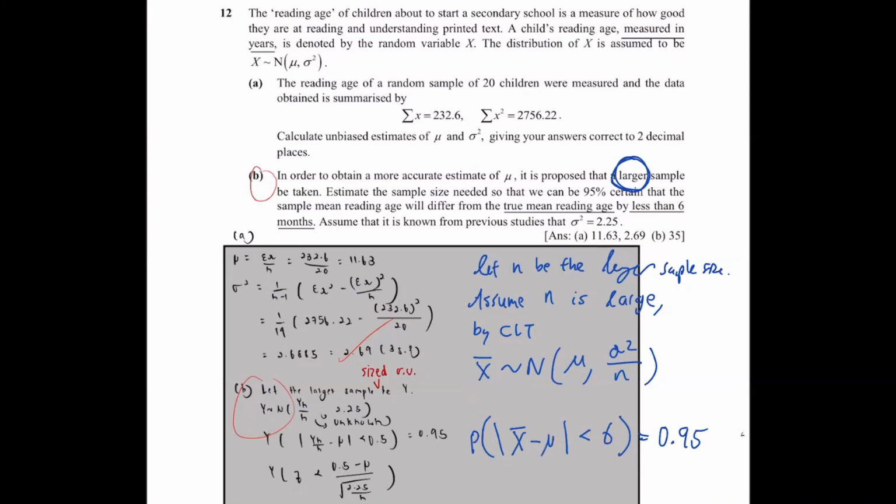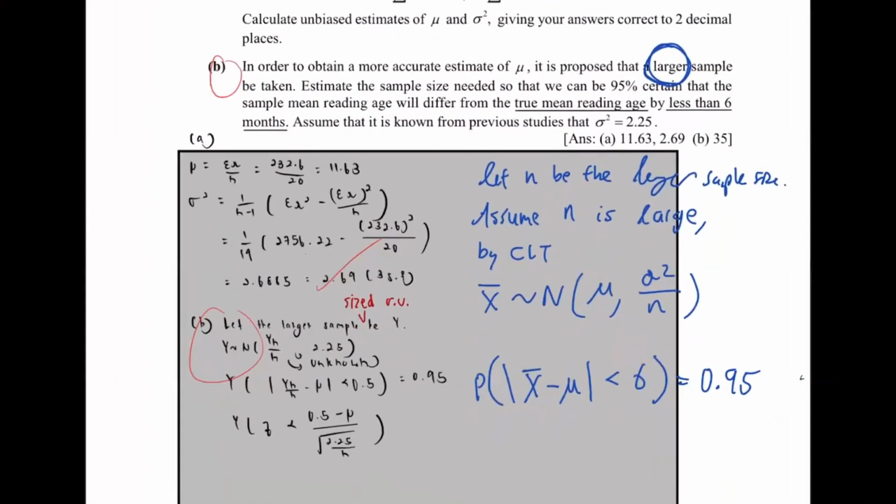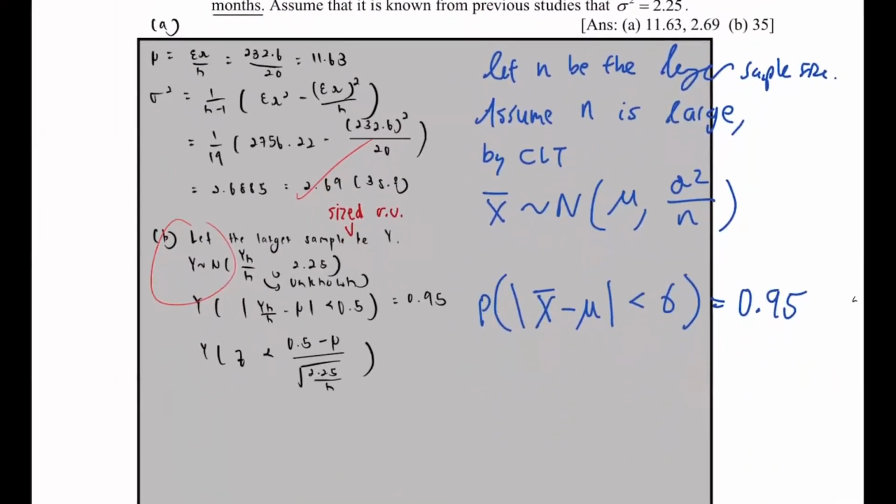Yep, mu. Then from there, what are they asking? Estimate the sample size needed. Interesting question. In this case, we don't know the value of mu, but yet we're trying to calculate the value of n.